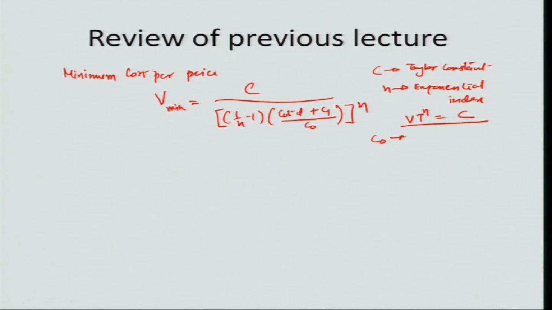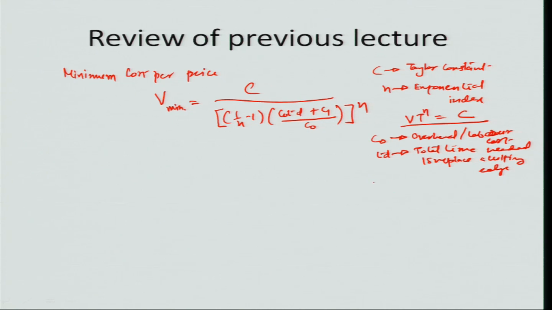C0 was considered to be the overhead and labor cost, Td was the total time needed to replace a cutting edge, and C1 was the total tooling cost.